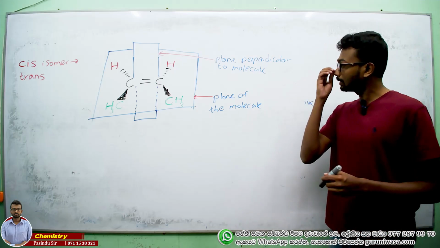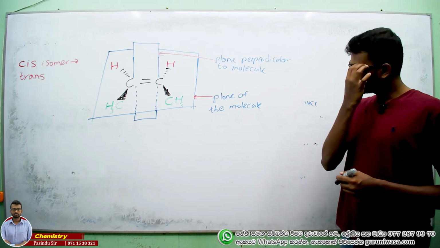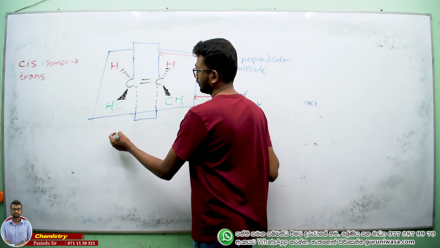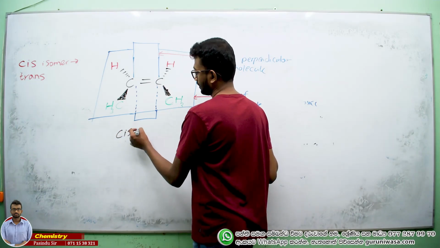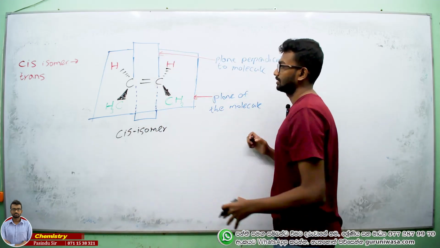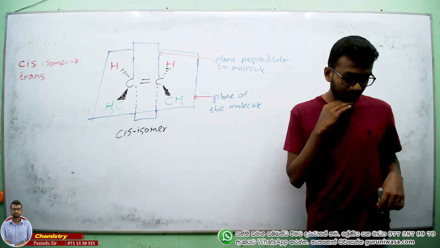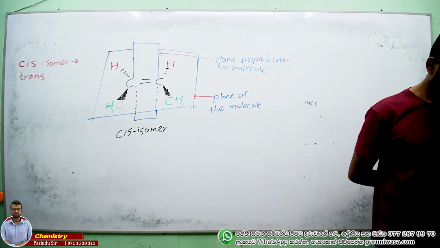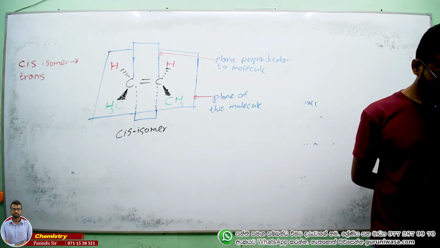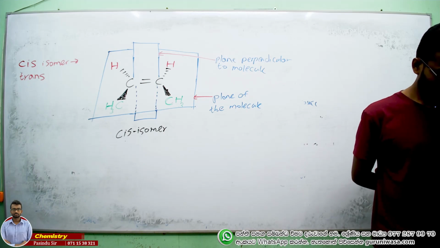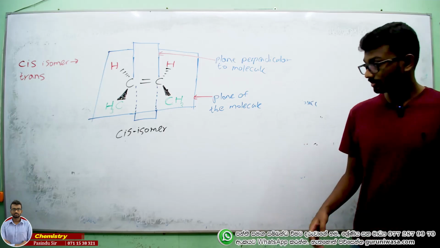So this is a cis arrangement, right? So this one is cis isomer. Right? We can write down this.